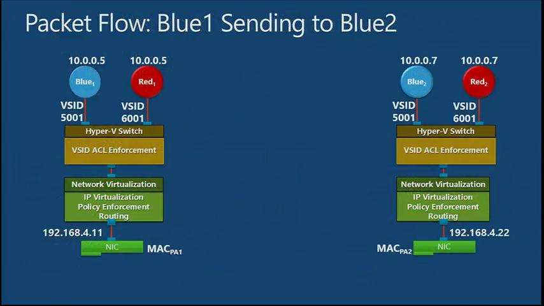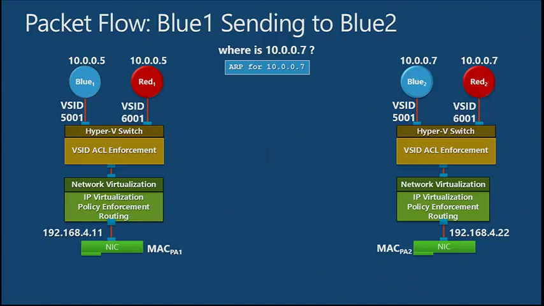So say we're sending from blue 1 to blue 2. The first thing that happens is blue 1 does an ARP. Pretty common. Where's 10.0.0.7? Now, what would normally happen here is that would get flooded out across that particular broadcast domain, and 10.0.0.7 would reply.